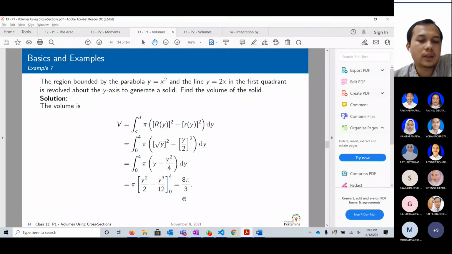Then finally we get that the volume is 8 pi over 3. Try to draw the picture for these two parabolas. And remember that since we want to revolve about the y-axis, we need to change everything into x as a function of y. Here we have x equal to square root of y. This line is x equal to y over 2. That's why here we have square root of y, and here we have y over 2.